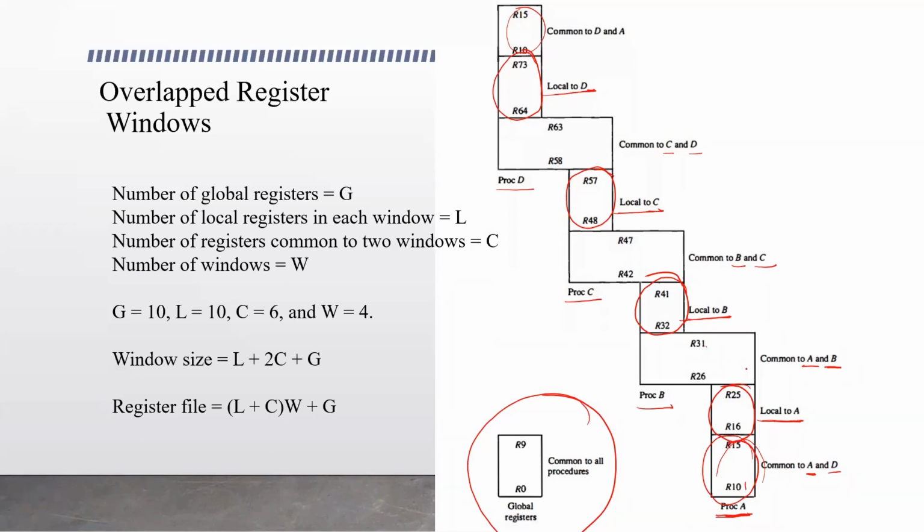But here, as there are common registers, when procedure A calls procedure B, the data common to both A and B are stored in the registers common to A and B. So there is no need to pass parameters here, because B can access these data directly.